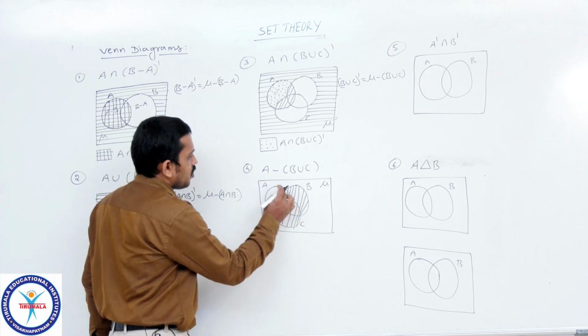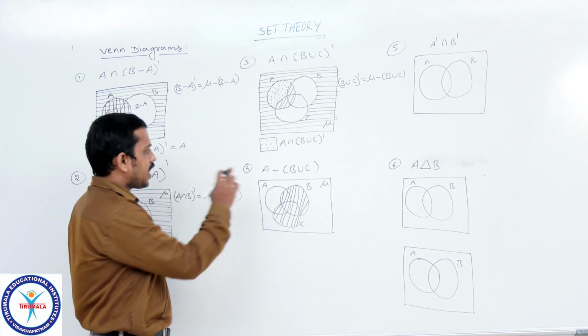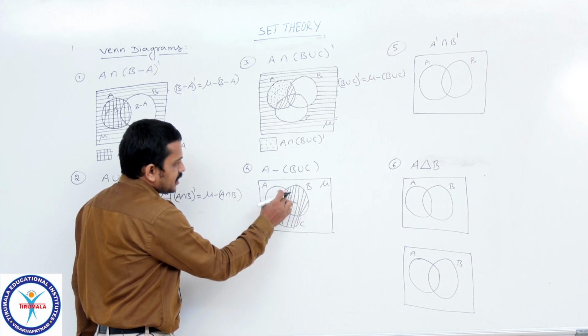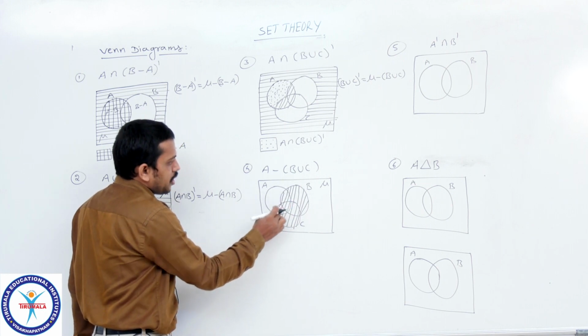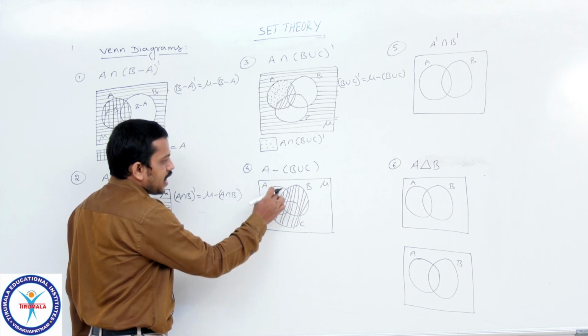This one. So, we have to consider the region only belonging to A, but not belonging to B union C. So, here this is the region which is belonging to B union C. Therefore, now what is the region only belonging to A? This is the region.